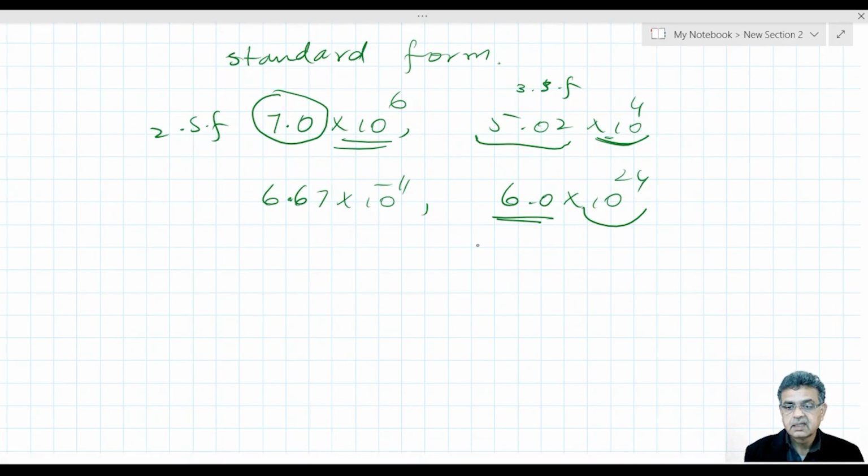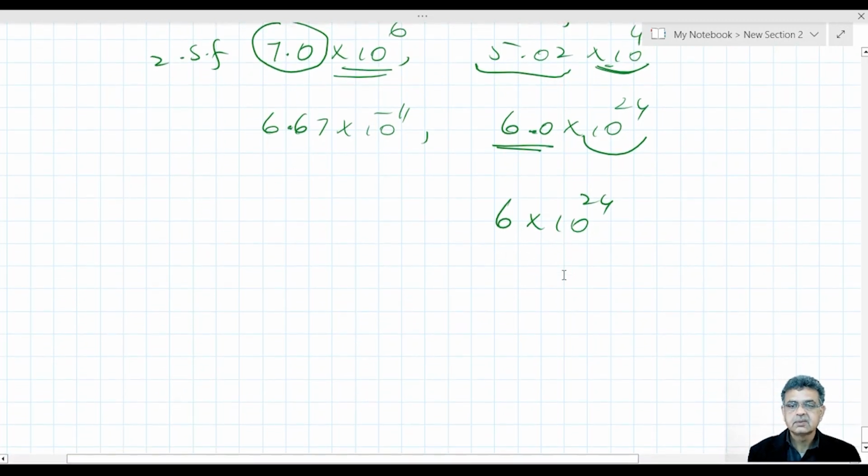Once again, it is up to you whether you want to give the precision correct to two significant figures. You will write it this way, otherwise it will be 6 times 10 to the power 24. So only the digits along with the power of 10 count; this is one significant figure.